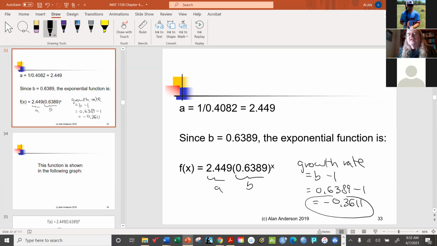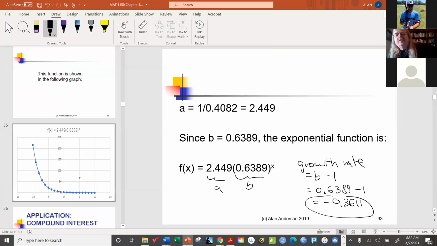So in other words, whatever this variable is, it's decaying at a rate of 36.11% per year, which is a very rapid rate of decay. And so the value of this thing, whatever it is, this could be, for example, the half-life, or this might be describing the amount of radioactive content in, let's say, radium.